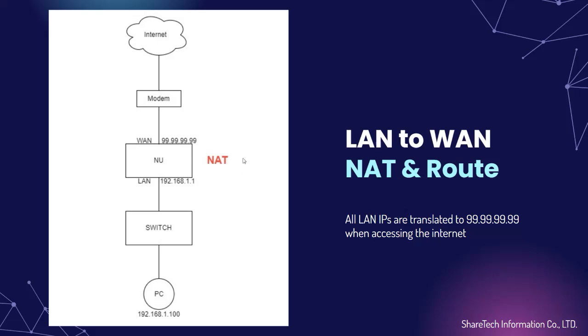After passing through the NAT, the IP will change from 192.168.1.100 to 99.99.99.99.